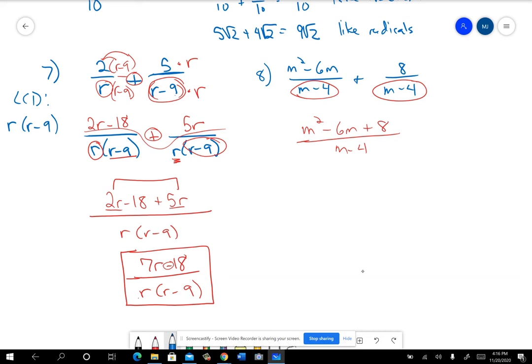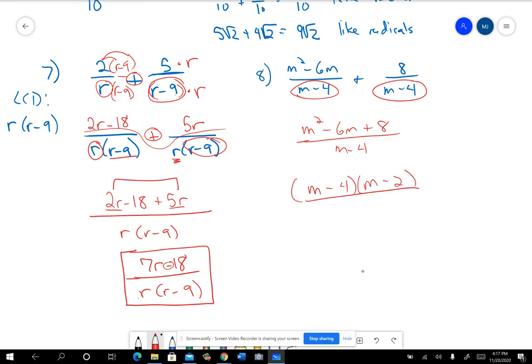That's basically it, except I wonder if this can be simplified. So I'm going to see if I can factor m squared minus 6m plus 8. That's all I'm doing now, looking to see if I can simplify. I'm going to do m minus 4 times m minus 2.